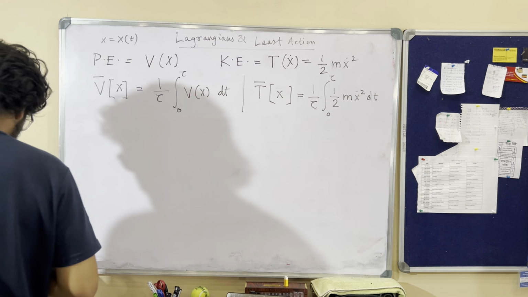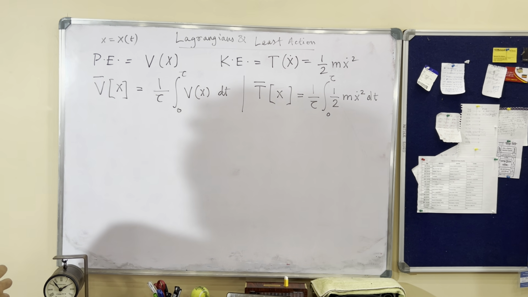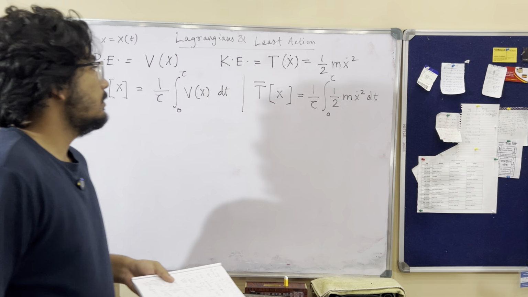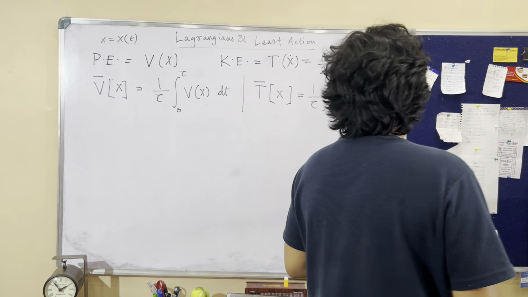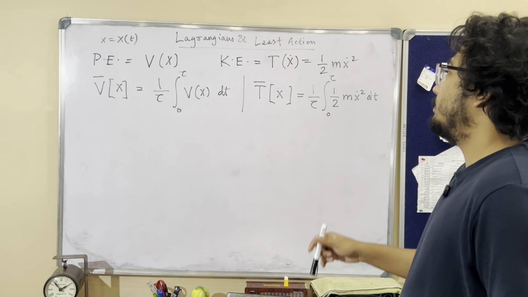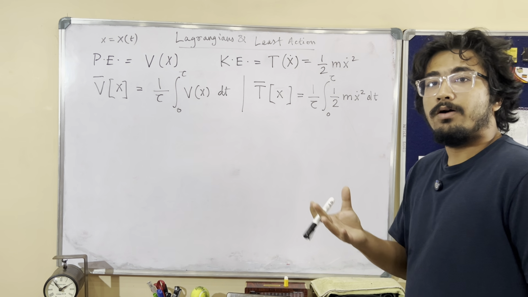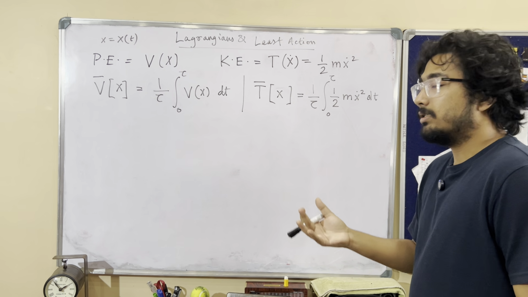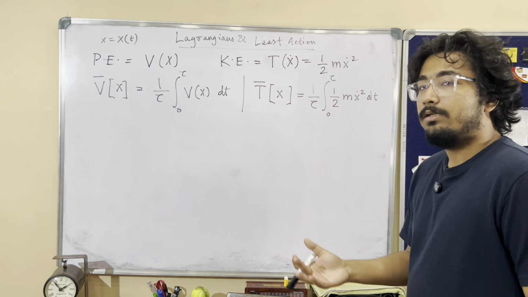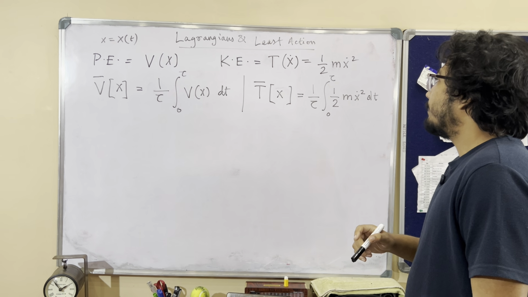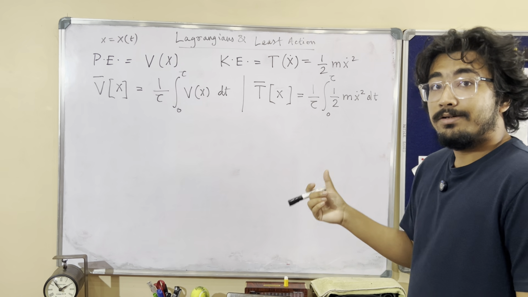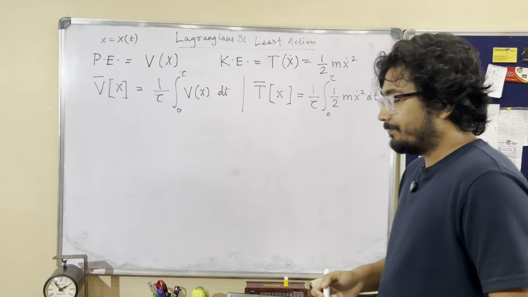Now, as we have written the average potential energy and the average kinetic energy, we are interested in seeing how they change if we slightly change the path of the particle. x is the position of the particle at some time t along the trajectory, and we are going to differentiate these using functional derivatives with respect to x.